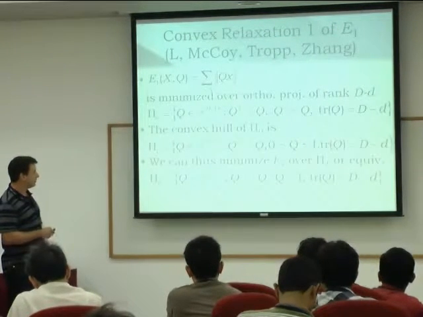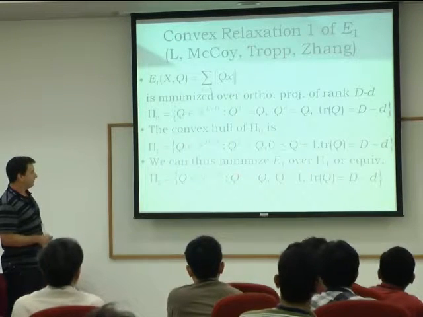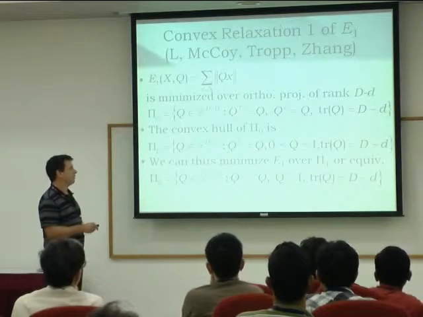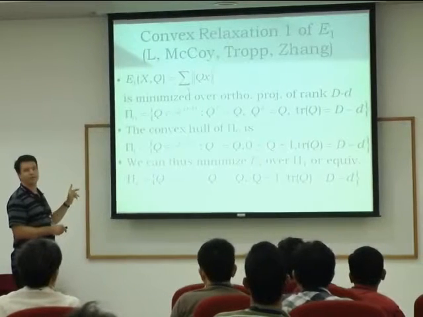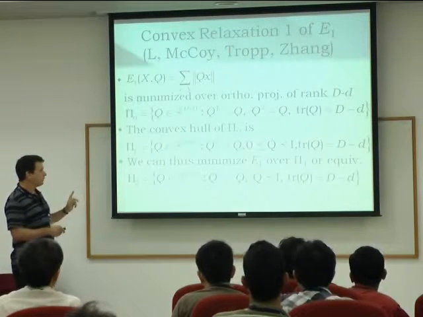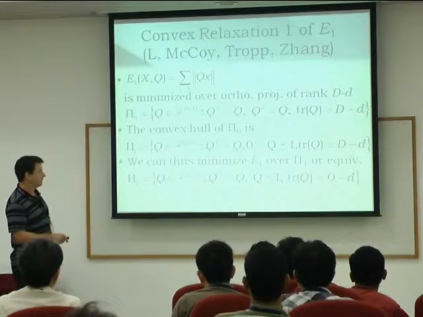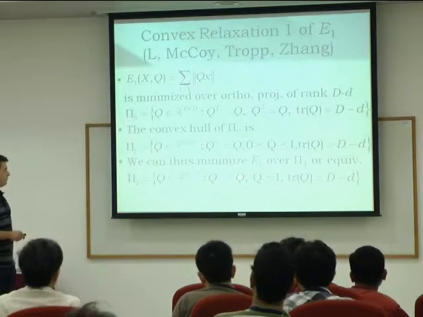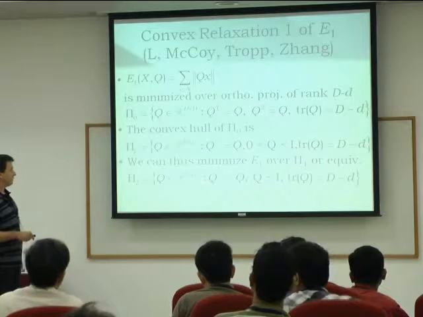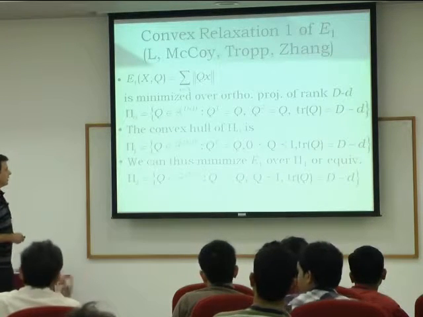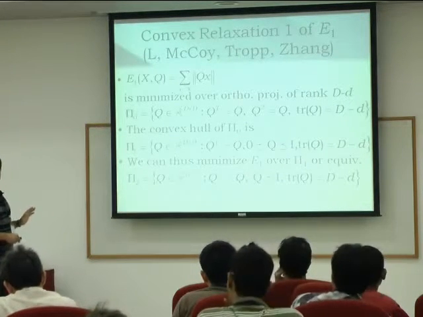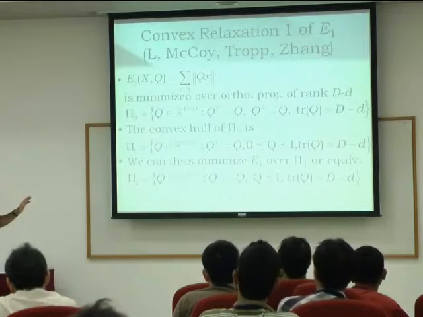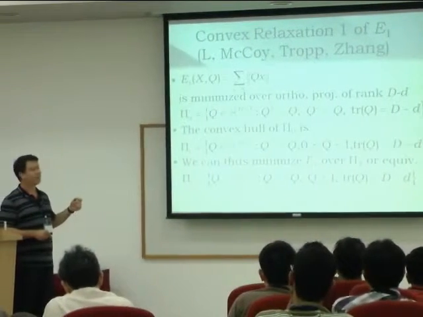I can replace this convex set by this one. So I can drop this constraint that Q is positive definite, because you can prove that the minimizer of this set is positive definite. So I'll minimize it over this set. Okay, so am I completely clear? You all know what the problem is that I'm after for robust PCA?